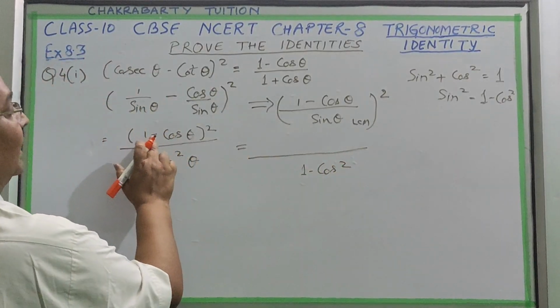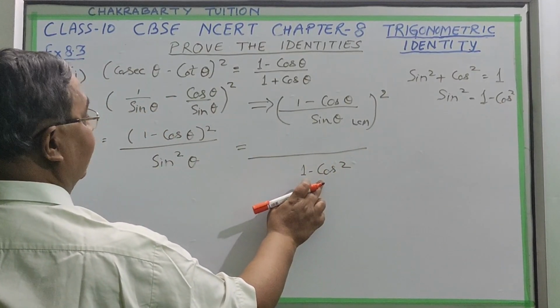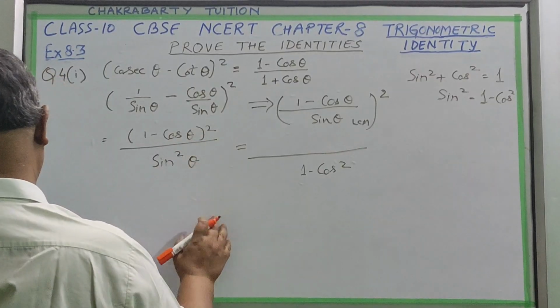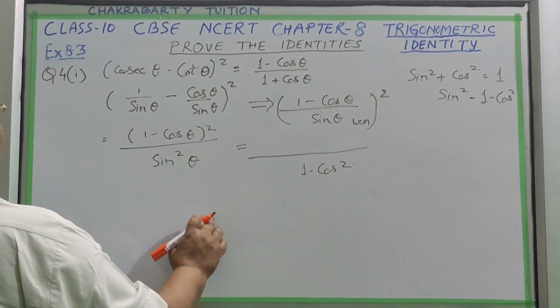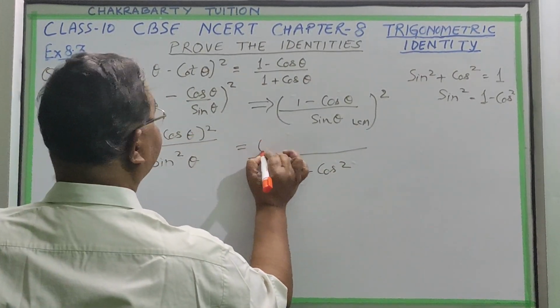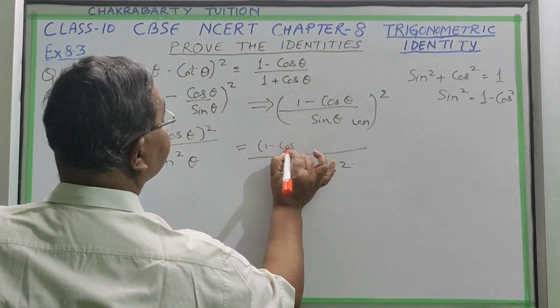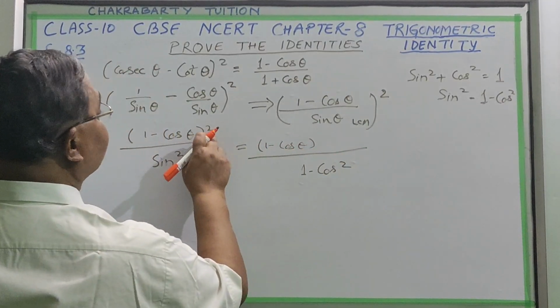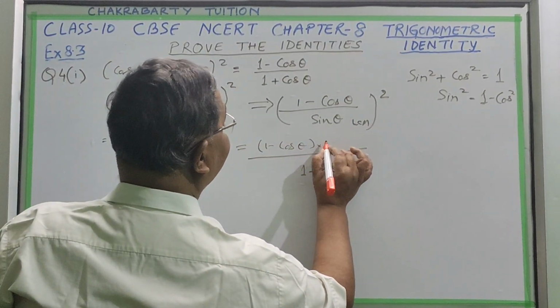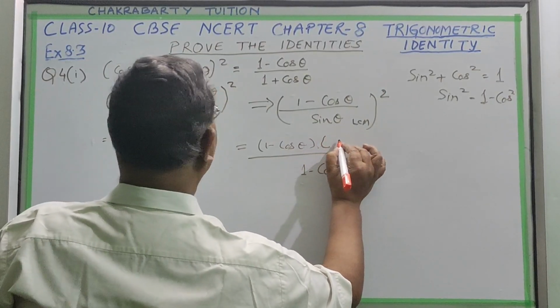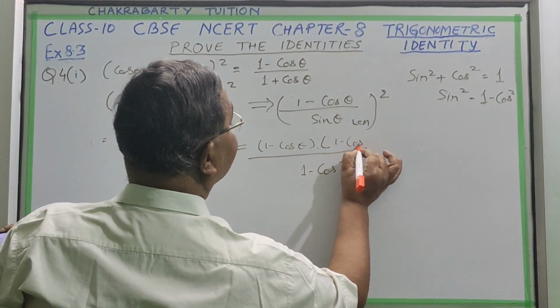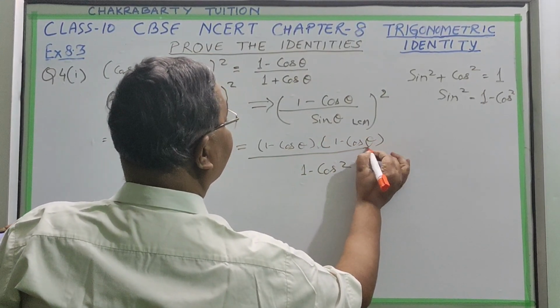Now 1 minus cos square has come here, and the upper side also is there. So 1 minus cos theta whole square means 2 times we have to write, multiplied, in brackets 1 minus cos theta.